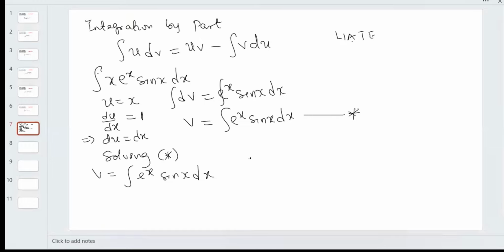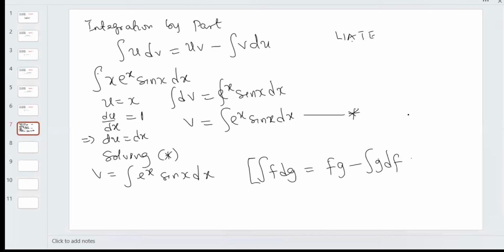So this is the idea: integral of f dg equals fg minus integral of g df. So which one will be f, which one will be g?